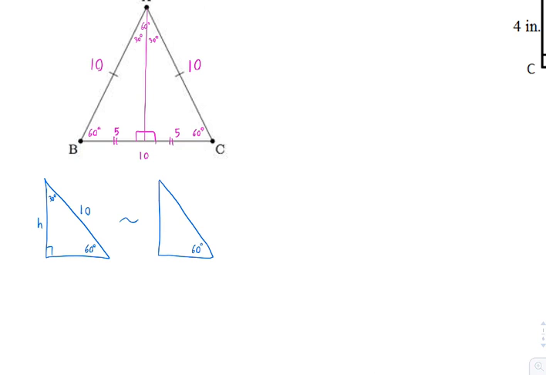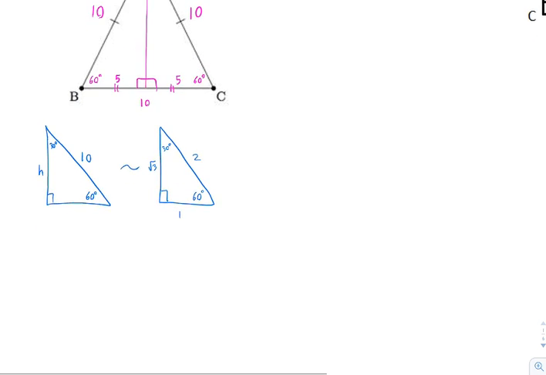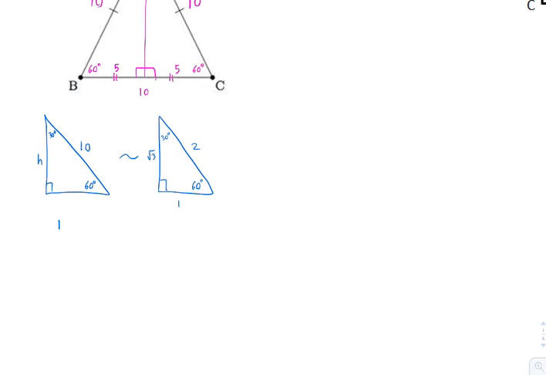So here's 60 degrees, here's 30 degrees, and so 1, √3, and 2. So I would set up a little proportion. I'd say, okay, so h is to √3 as 10 is to 2. Now, if I want to get rid of that divide by √3, I'll multiply by √3, and you can cross multiply here, but I know just one step here and I'm done. Because if I multiply by root 3, I'm done.